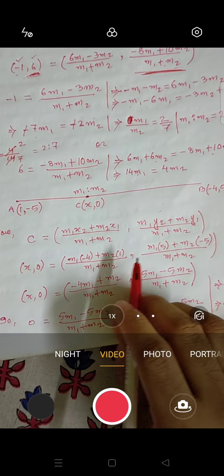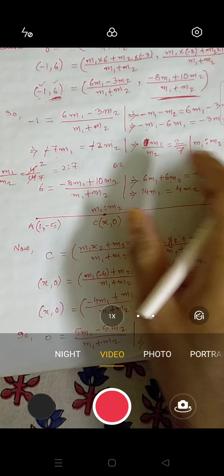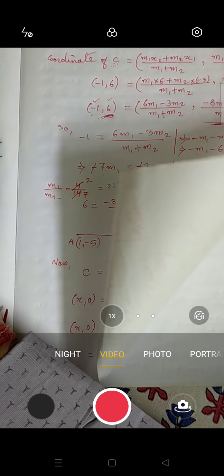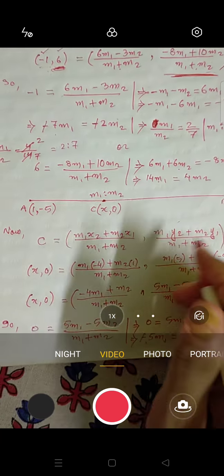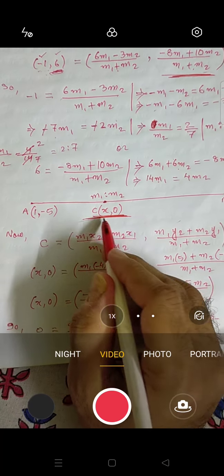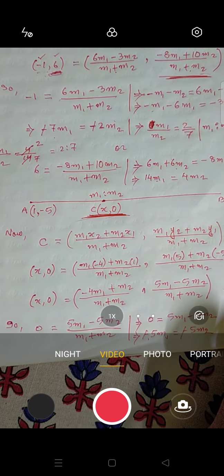Now in the question, what is given? Let's see. You need to find the ratio. Now what is said? Also find the coordinate of the point of division. That means you need to find this one. That means you have to find the coordinate of x.